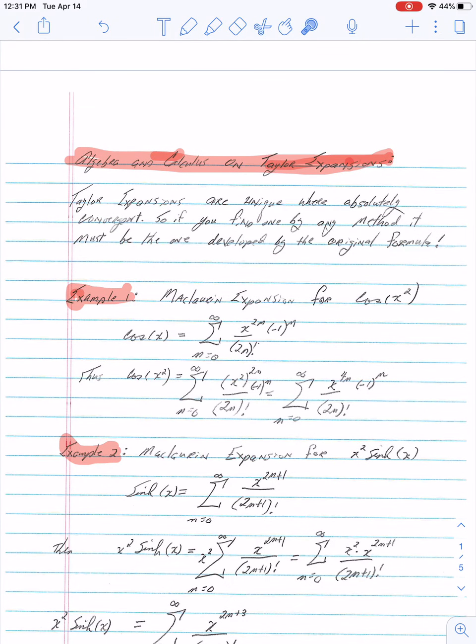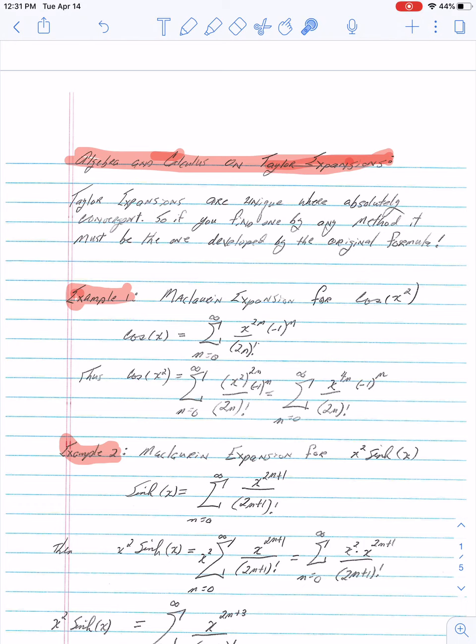The bottom line is this: Taylor expansions, and remember, a Maclaurin expansion is a special case of a Taylor expansion, can be proven to be unique where they converge absolutely. What does that mean? That means if you have a Taylor expansion of a function, there's only one.